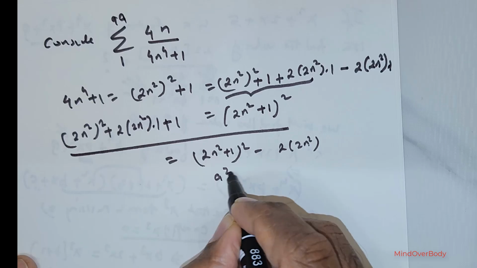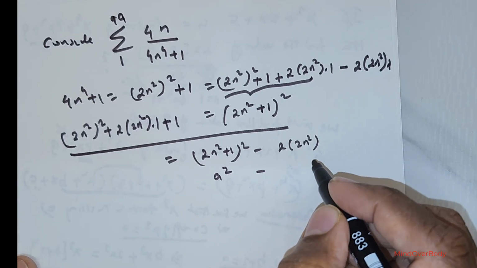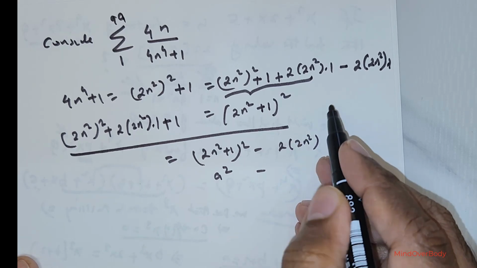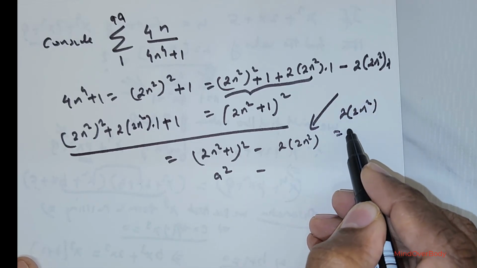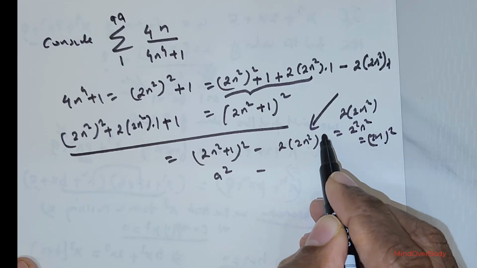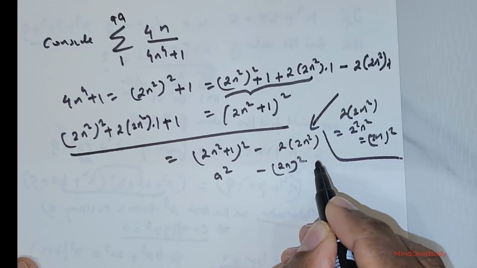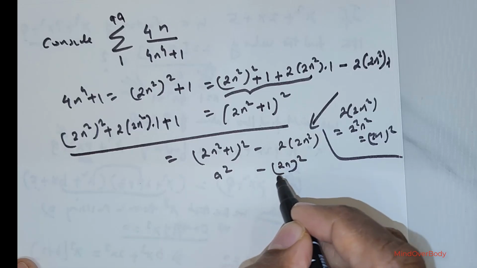Now this is of the form a squared negative... can I actually write this as b squared? I can, right? So 2 times 2n squared is equal to 2 squared n squared, which is nothing but (2n) raised to the power of 2, and which is going to be my b squared.